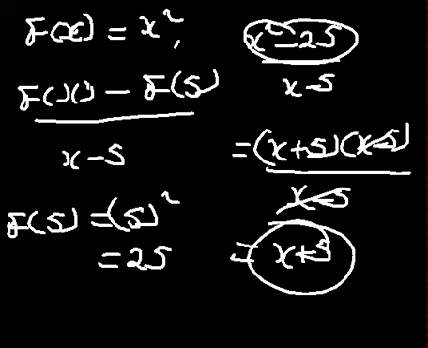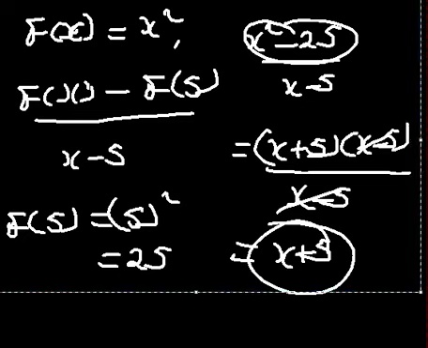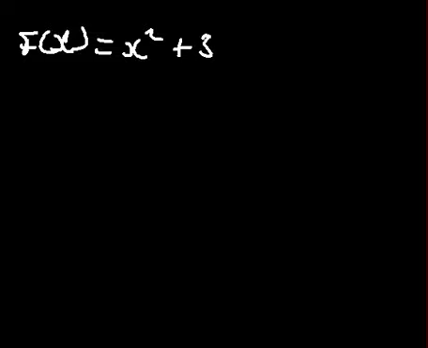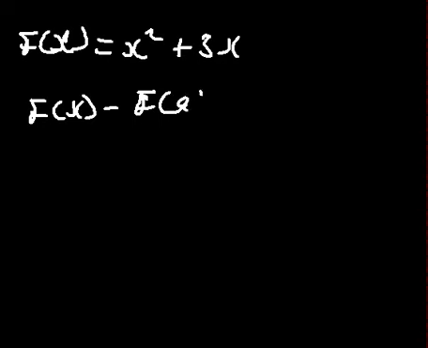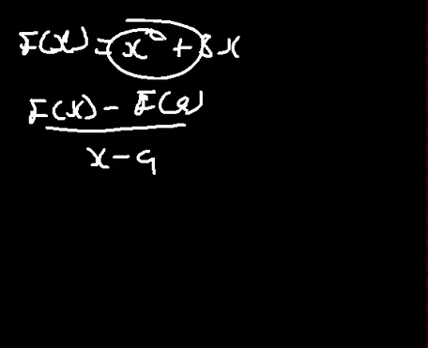And what if we have this case? We have f(x) given as x squared plus 3x. Now find f(x) minus f(a) divided by x minus a of this function.